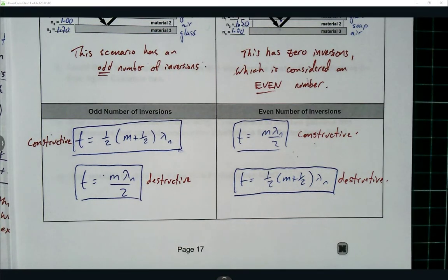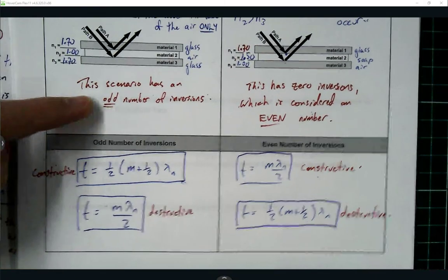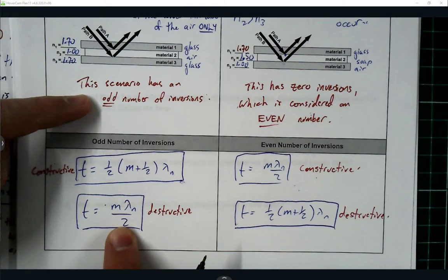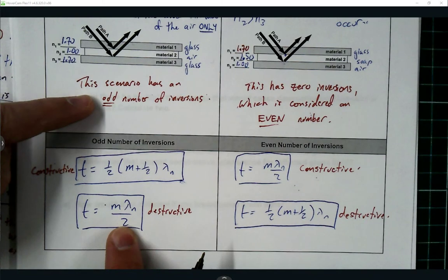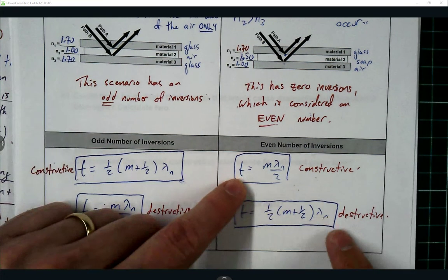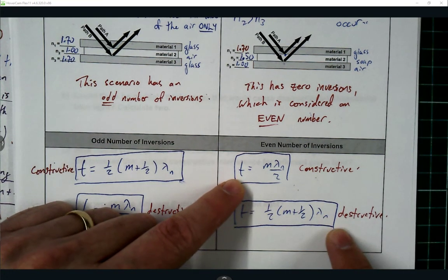And people say, well, why do they switch? They switch because an odd number of inversions introduces an extra half wavelength. The half wavelength is what's critical for things being in phase or out of phase. So if there's an odd number of inversions, it's going to shift things off by half a wavelength automatically. If there's an even number of inversions, it's going to shift and then unshift, if you like.